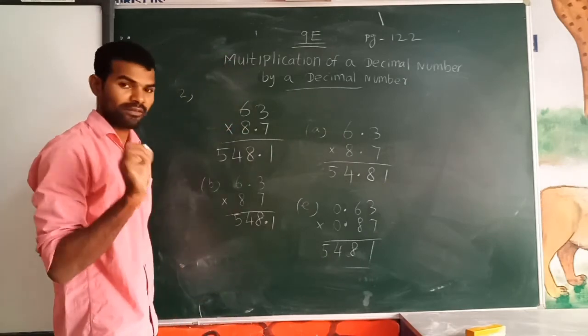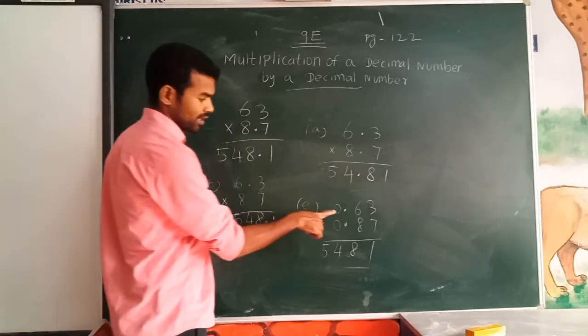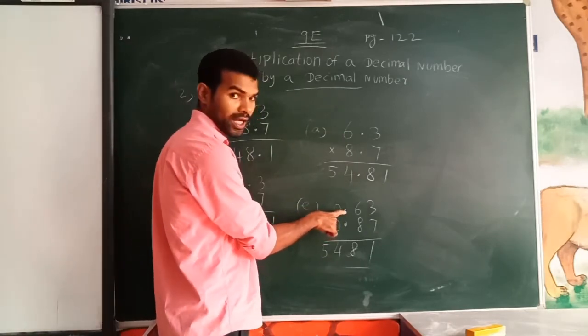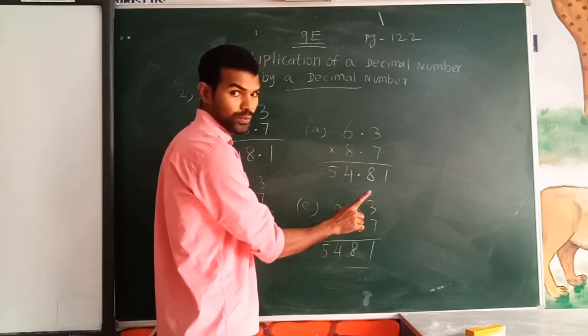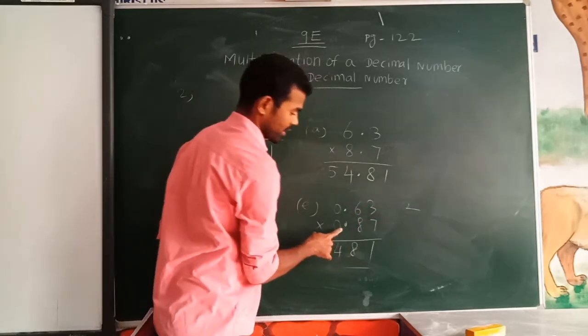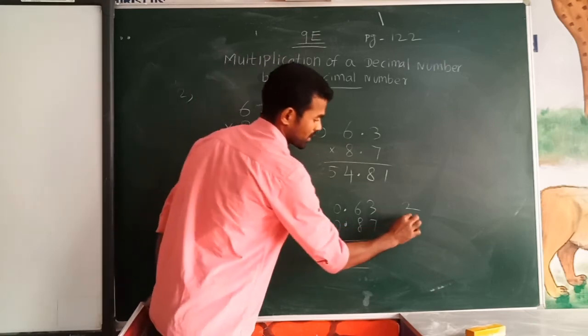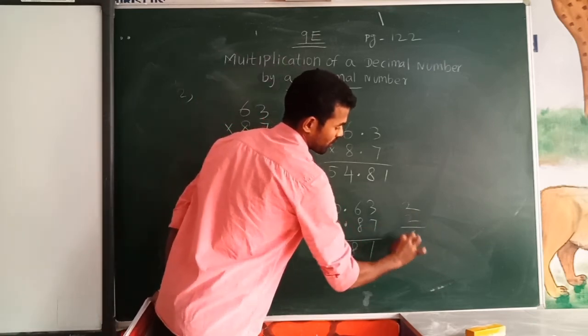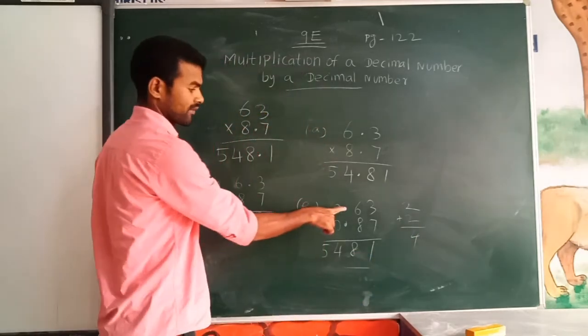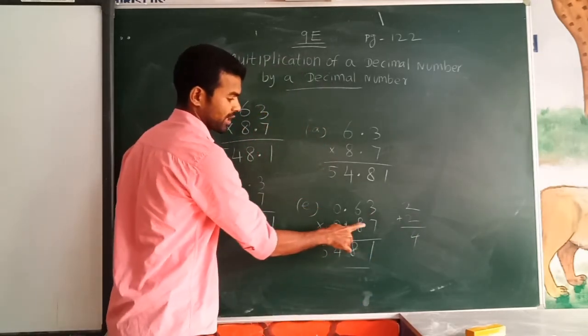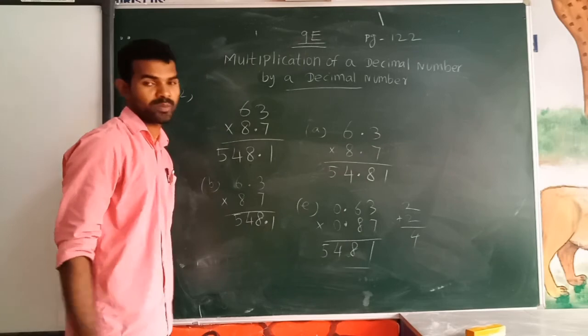5481. But where to keep the point? You can see after the point how many decimal places? 1, 2. Again, in the other factor, after the point how many decimal places? 1, 2. So 2 plus 2, 4 decimal places.